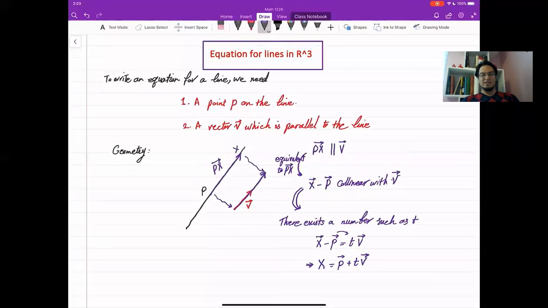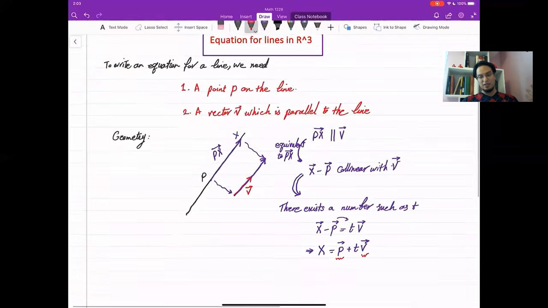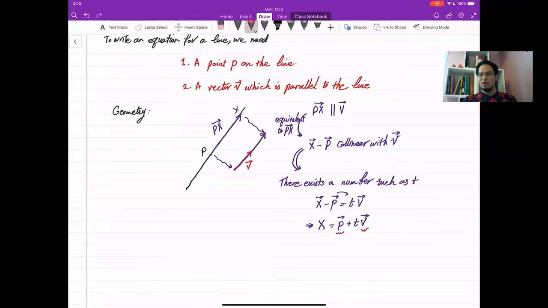This way, we said that every single point on the line can be written as P plus t times V for some number t. This number we will call the parameter. And for all the other t's, we also get only points on the line. So this is an equation which gives us points on the line, or the position vectors of the points on the line.